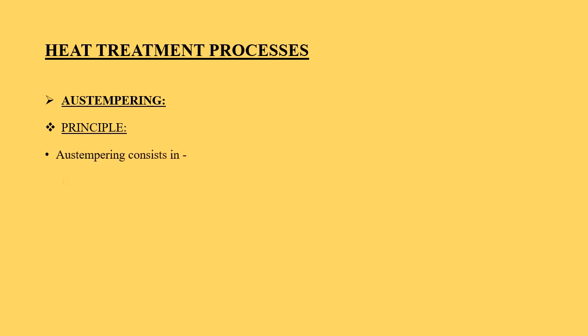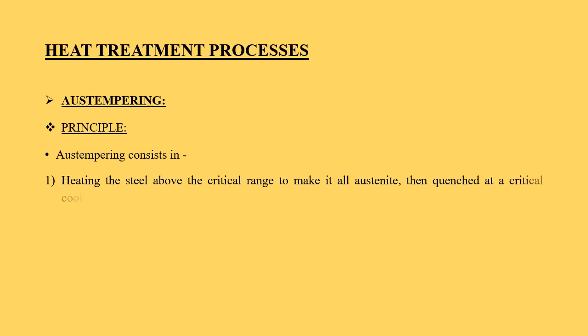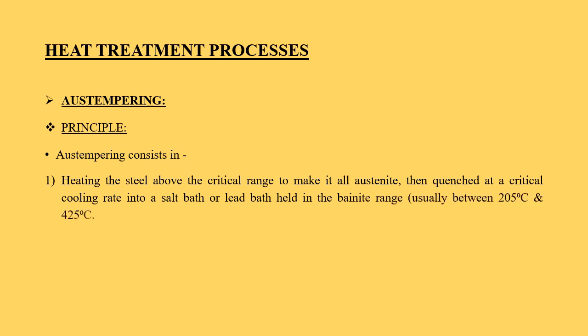Austempering is the process in which the steel is heated above the critical range to make it all austenite. Then it is quenched at a critical cooling rate into a salt bath or lead bath held in the bainite range between 205 degrees centigrade and 425 degrees centigrade.